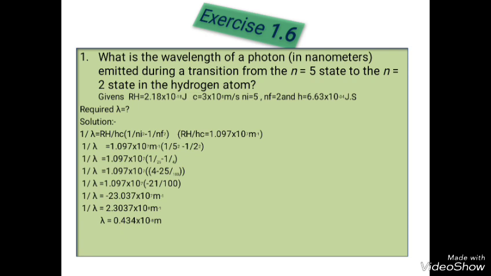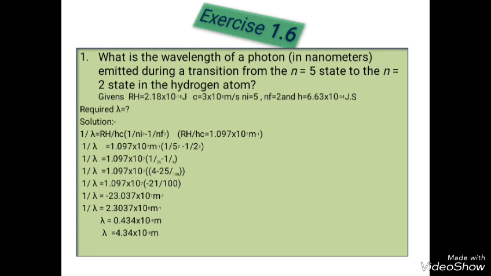When 2.3037 times 10 to the power of 8 meter inverse is reciprocated, it equals 0.434 times 10 to the power of negative 8 meter. Meter inverse becomes meter. And lambda equals 4.34 times 10 to the power of negative 9 meter in scientific notation.